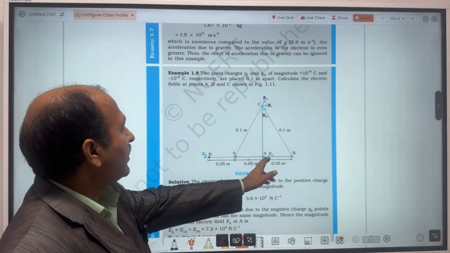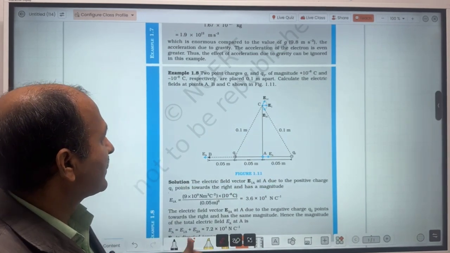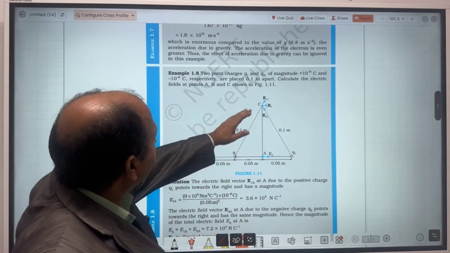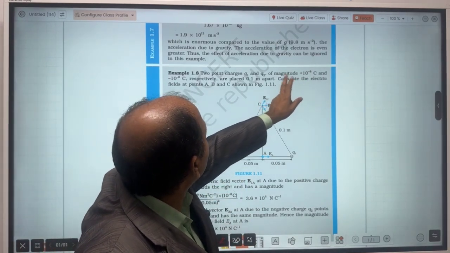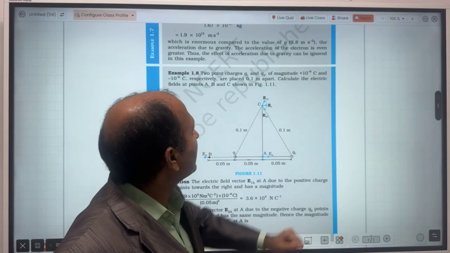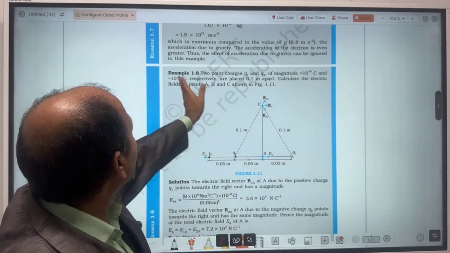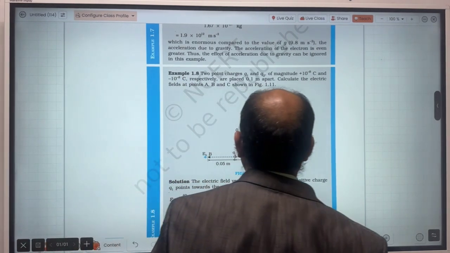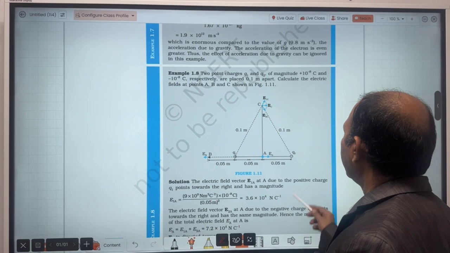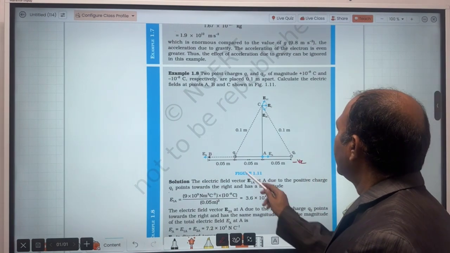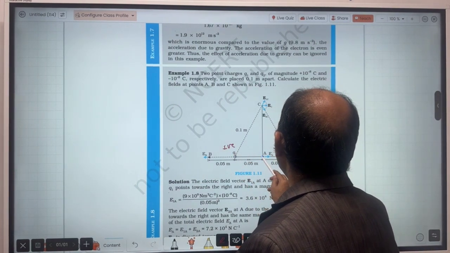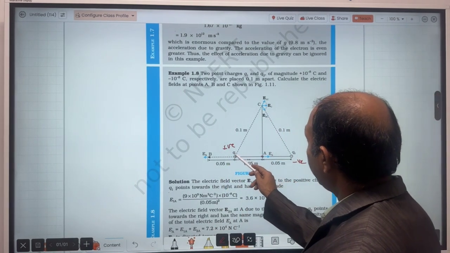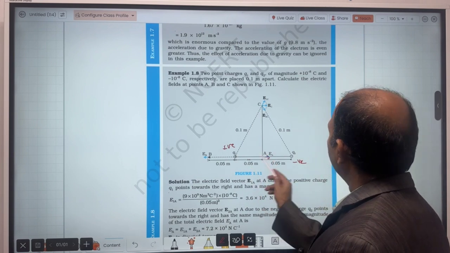So you have to find out the electric field at point A. For this purpose, this is the positive charge. In our question, Q1 is 10 to the power minus 8 positive, whereas Q2 is minus 10 power minus 8. So one is positive, another is negative. If this is negative, this is positive. So at this point, if you want to find out the electric field, due to this charge, the field direction will be like this.